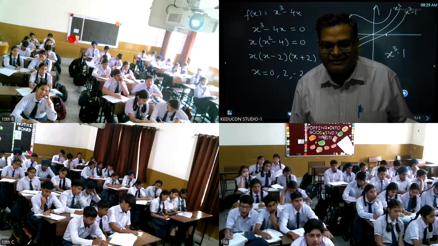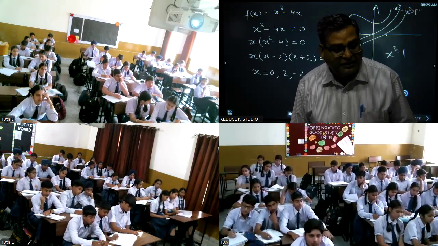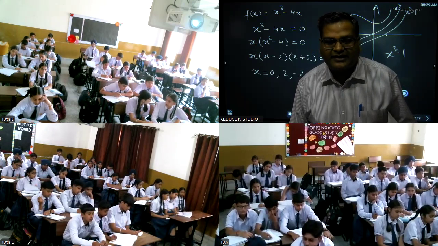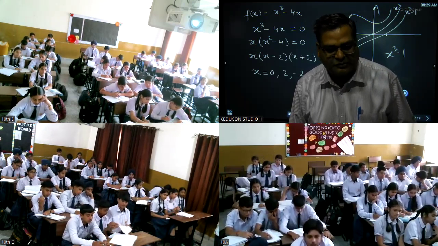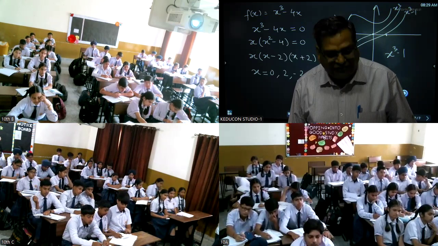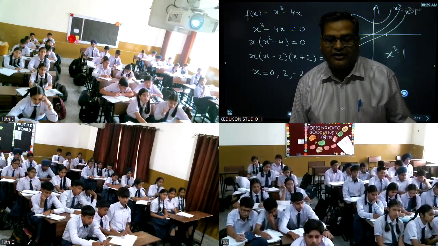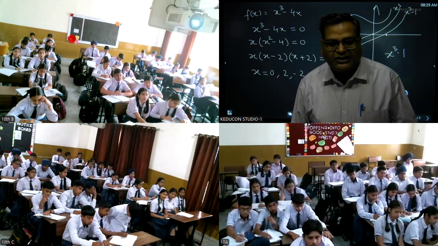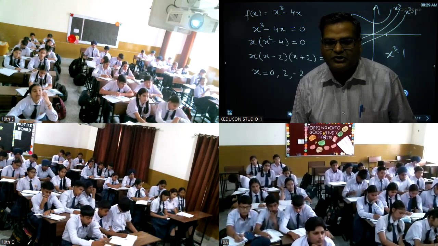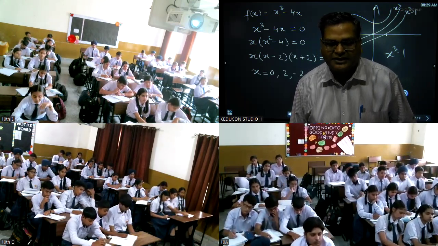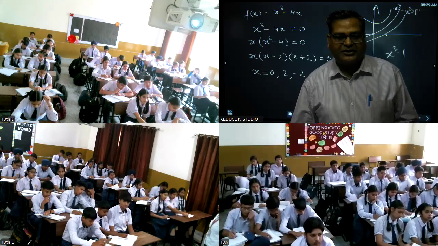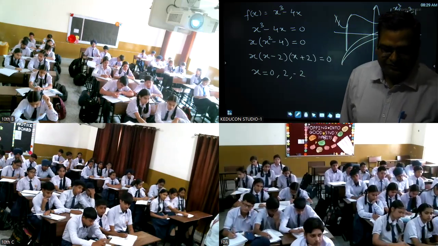The reason given is that a cubic polynomial always crosses the x-axis at least once or at most 3 times. So we can't say it is the right explanation. Why? Because both cases can be there, but in the assertion there is only one case, that is 3 points, right? So its choice will be option B.